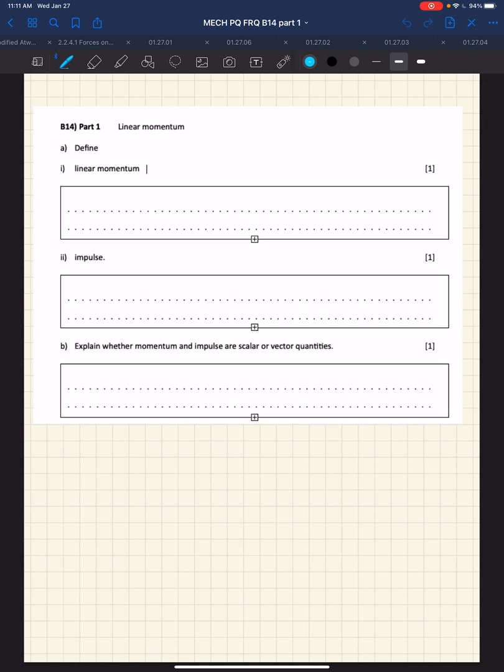We're simply asked here to define linear momentum. So linear momentum, P, is defined as the product of an object's mass and its velocity.